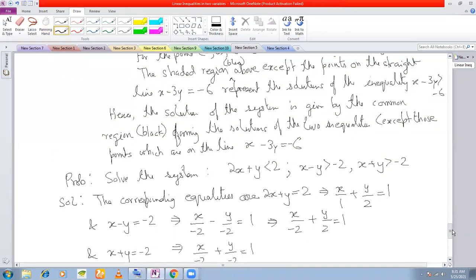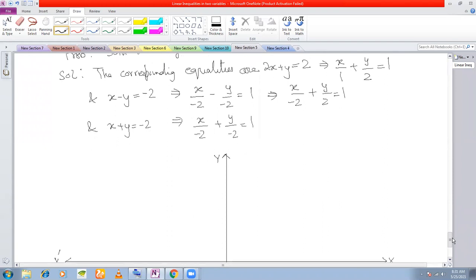First line is you have x by 1 plus y by 2.